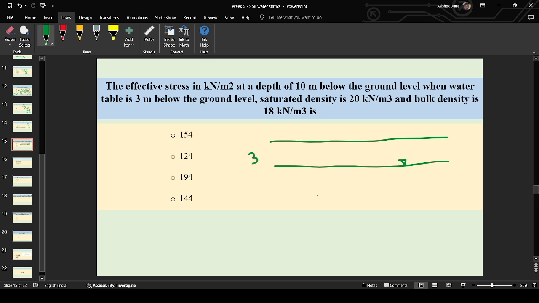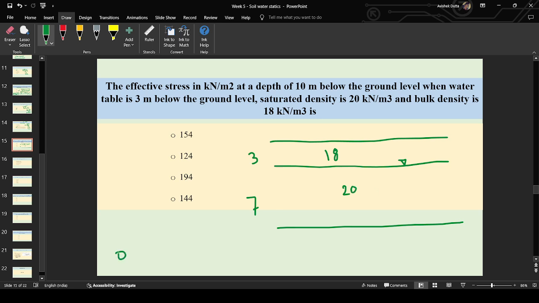The soil is dry here, and from 10, this is 3, so this will be 7. At this point we need to find the effective stress. Here gamma dry, what is the bulk density? It is 18, isn't it? Here it is 20, but you have to find the effective stress.